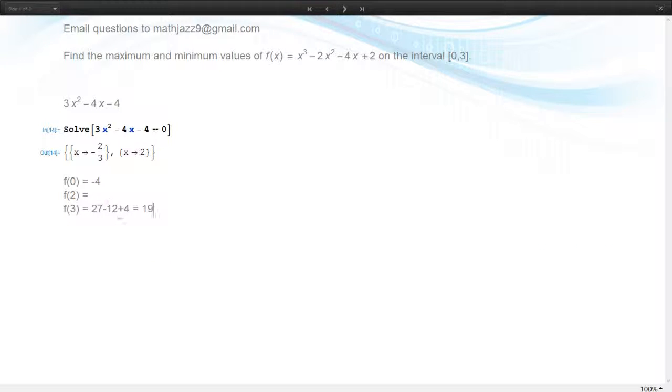I am sorry. So f of 2 will be 2 to the third is 8, minus 2 times 2 squared, which is negative 8, minus 4 times 2, which is going to be negative 8, plus 2. And we're going to end up with negative 6. f of 3 is going to be 3 cubed, which is 27, minus 2 times 3 squared, so that's going to be negative 18.